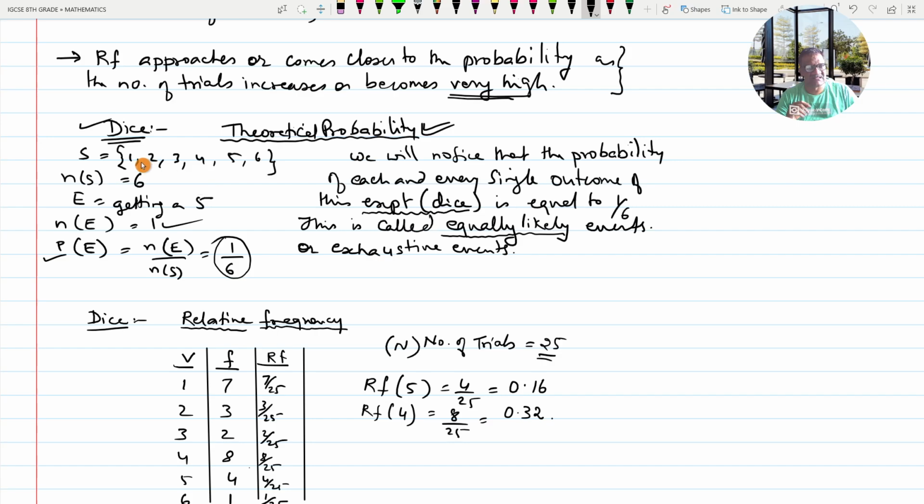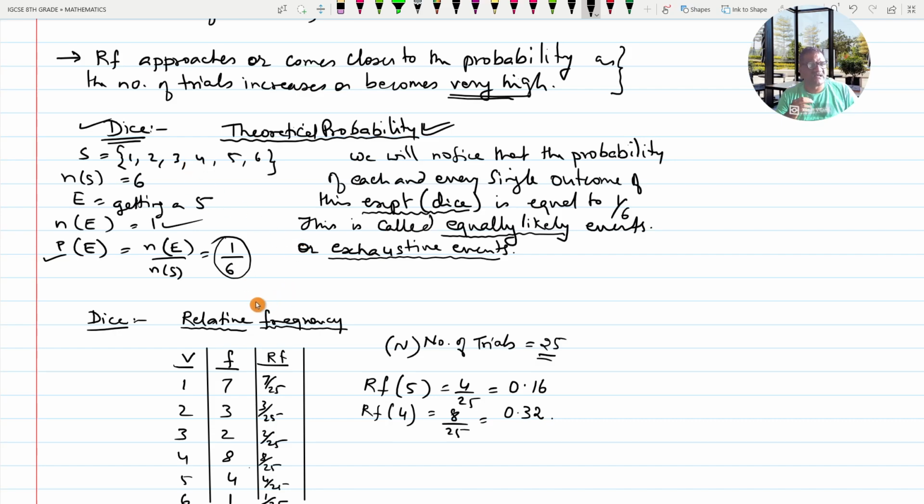So these events, that is 1 2 3 4 5 and 6, are known as equally likely events, or in other words, exhaustive events. So remember this: what are equally likely events, what are exhaustive events. In the future, these terms are going to pop up. So that was the theoretical probability, how to get the theoretical probability of a dice.